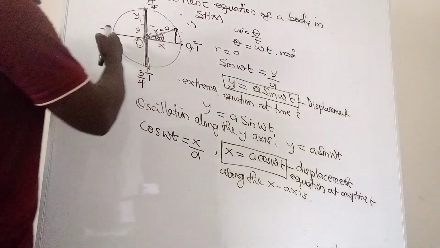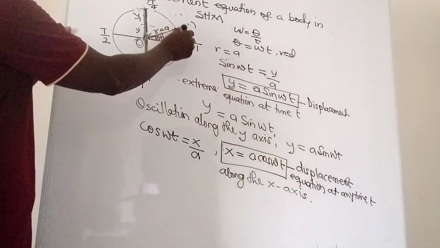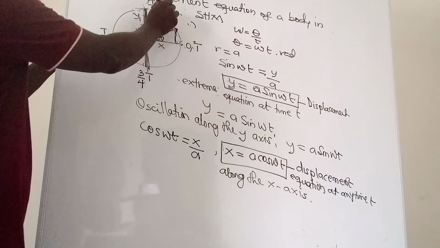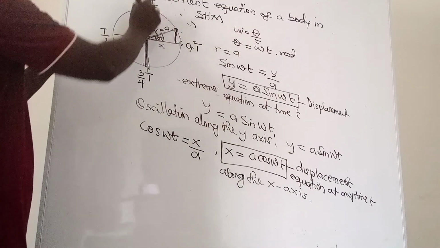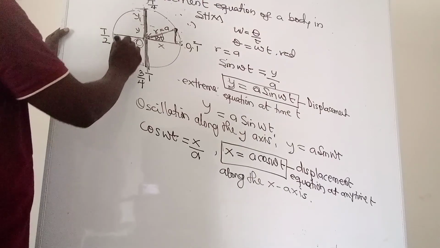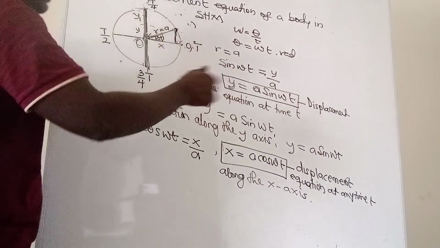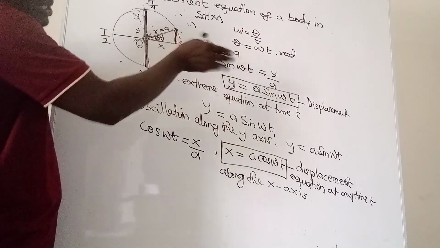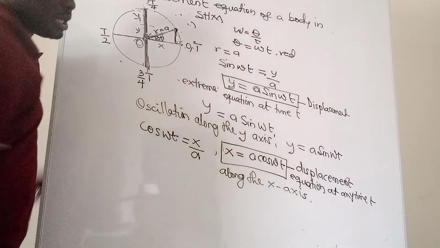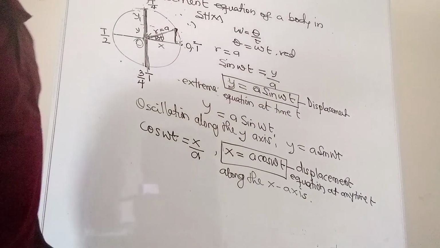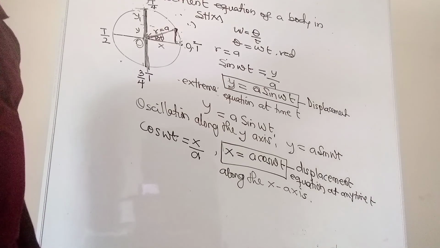So when we are looking at the displacement, the body is moving and then we are tracing its position on the x axis. Okay. As the object moves, the body will be oscillating horizontally, and this will be the equation for the displacement at any time t.